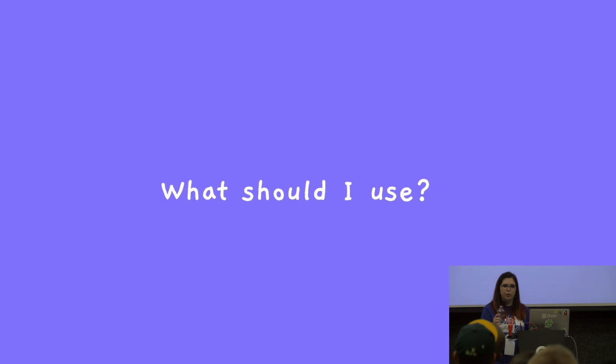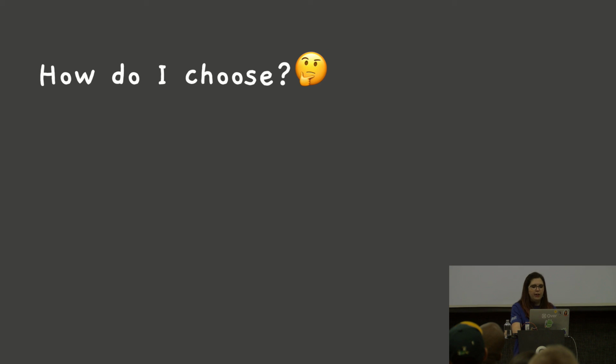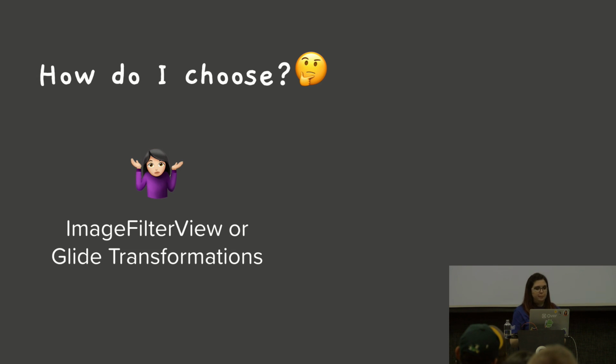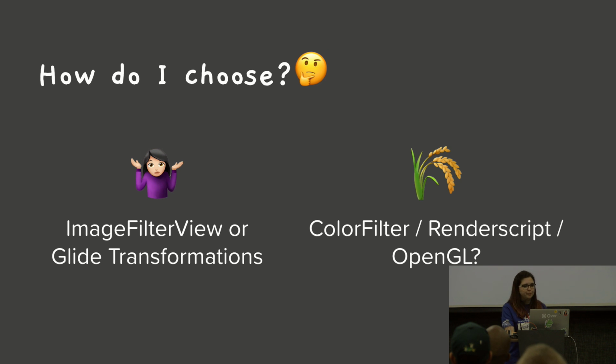Okay, so what should you use as an Android developer? How do you choose between, what was it, like 5 different types that I just went through? It's a whole bunch of different things that you can look at. So if you don't really know what you're doing and you're just like, I need a filter and I don't really care about loading it up again or working with it again, just filter my image and put it on the internet, I would go with something like ImageFilterView or looking at your Glide transformations, because those are super easy to use and quick and effective.